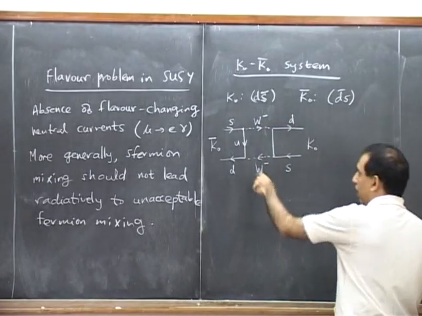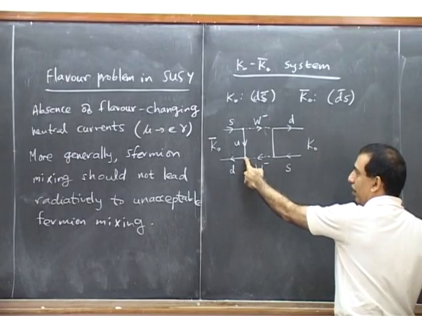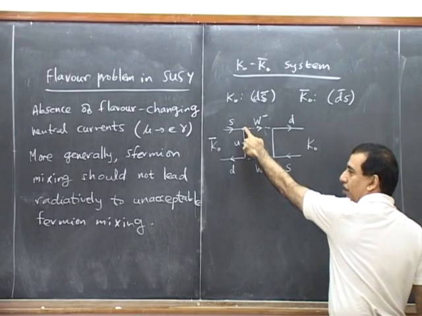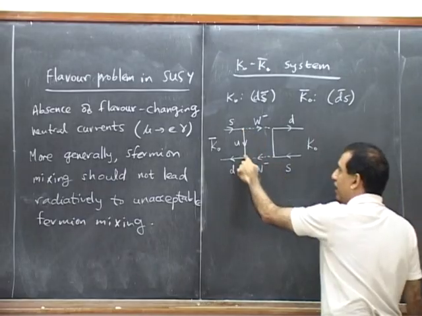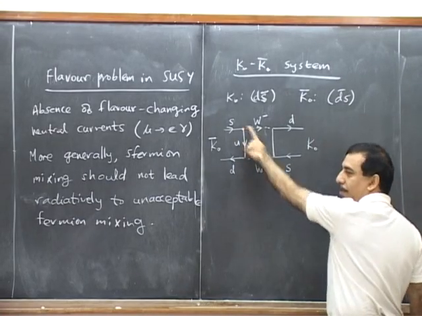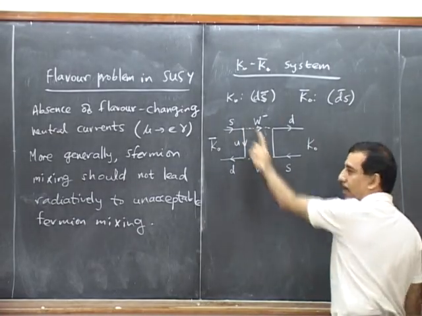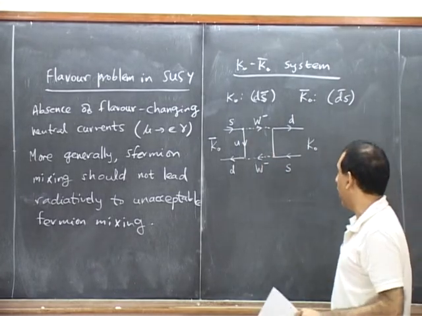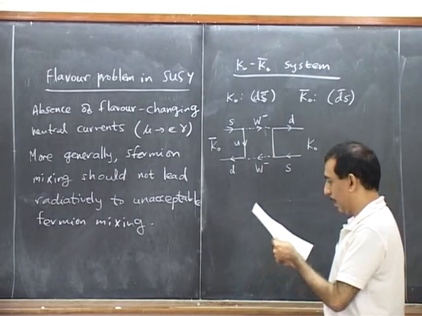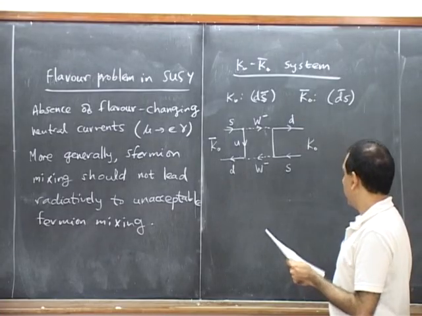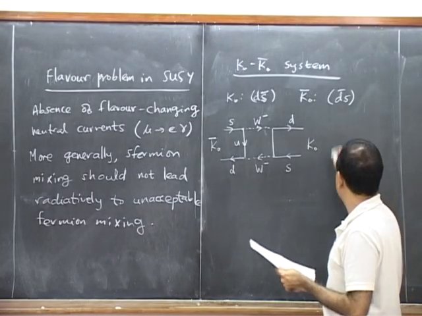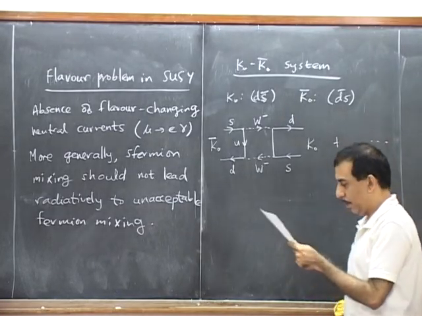It's just that naively, without mixing, this would be of some strength 1 in some units and this would be strength 0. But after mixing, this is cos theta c and this is sin theta c, where theta c is the Cabibbo angle. And likewise on the other side. So here's a diagram. There's also another diagram, but I needn't write it down.